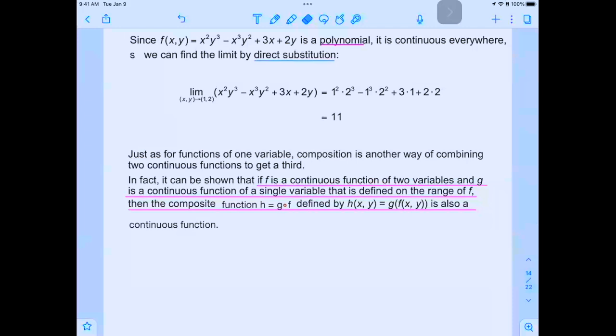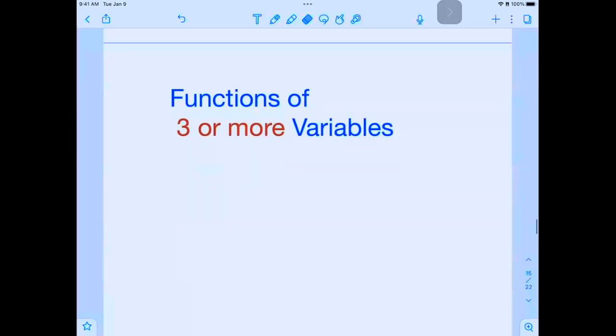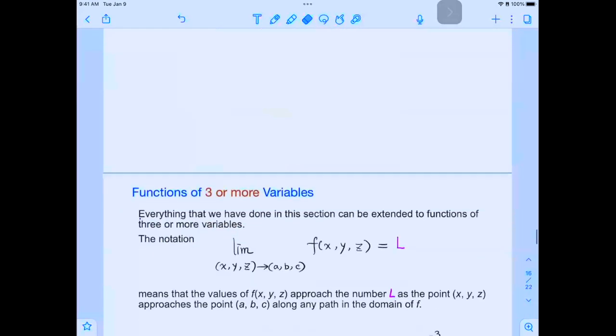Okay. There's another thing here. In the past, we talked about how a composite of continuous functions is also continuous. Right? So if f is continuous, g is continuous, if you compose them, then the result will also be continuous. Okay. Functions of three or more variables. Okay, let's try this one.